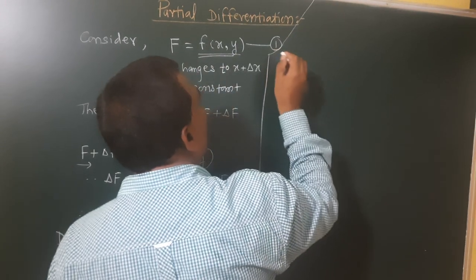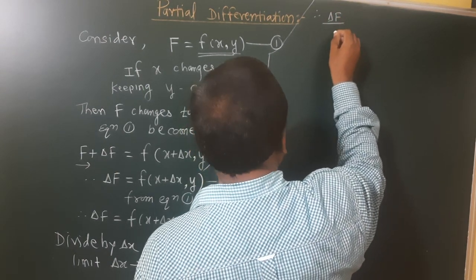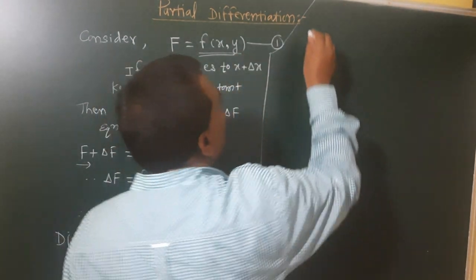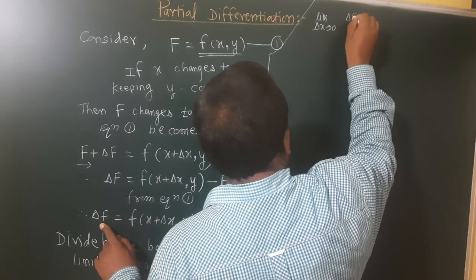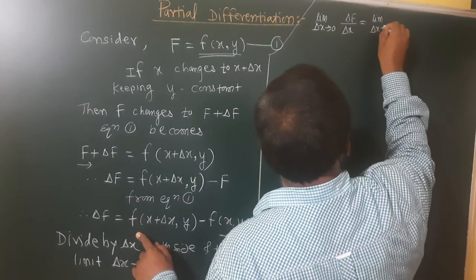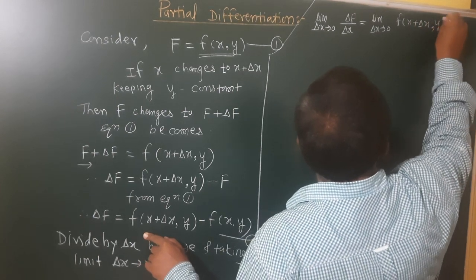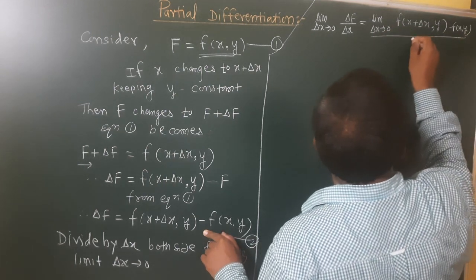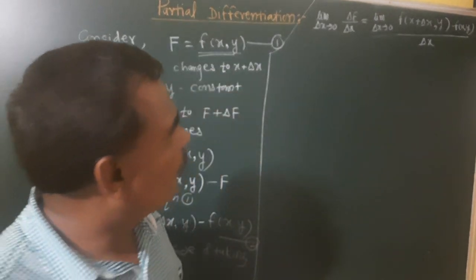Therefore, delta f divided by delta x, also taking the limit as delta x tends to 0, that is the limit of delta f divided by delta x, is equal to the limit as delta x tends to 0 of f of x plus delta x comma y minus f of x comma y, divided by delta x. This is equation number 3.